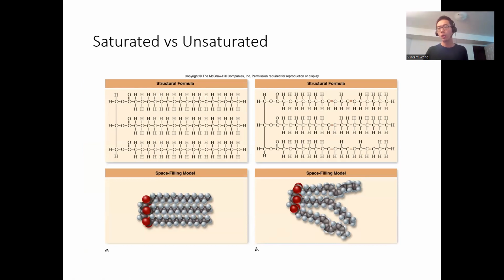I'm asking which one is saturated. Okay, very good. Most of you got it right. It is the one on the left.